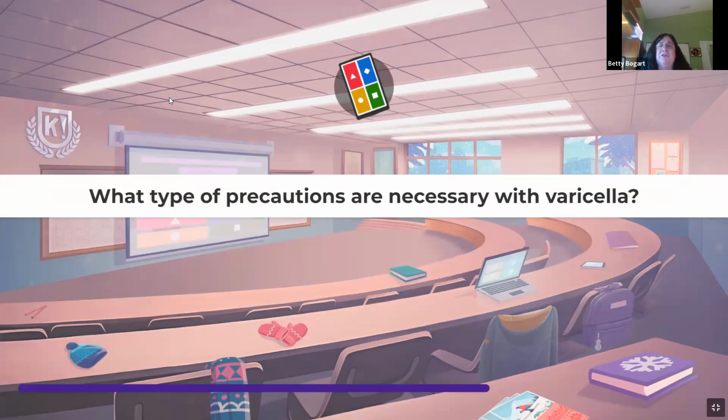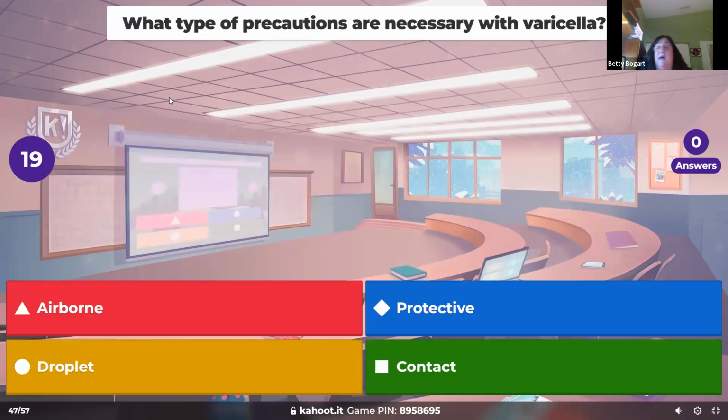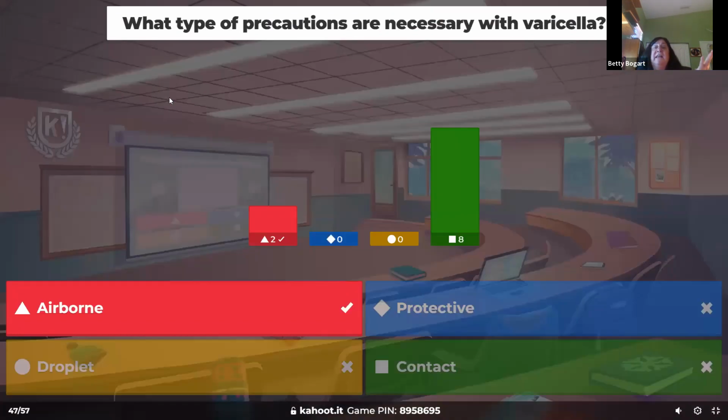What type of precautions are necessary with varicella? Varicella is chicken pox. It's in the air.